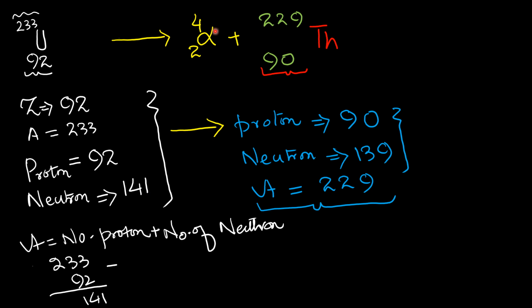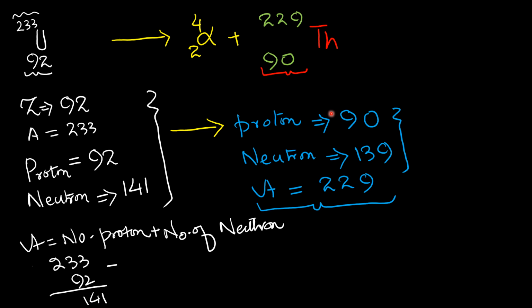The number of neutrons in the alpha particle is 2, whereas in thorium it is 139. So when we combine 139 with the two neutrons of the alpha particle, it becomes 141. So this means that the left side of the equation is balanced with the right side.